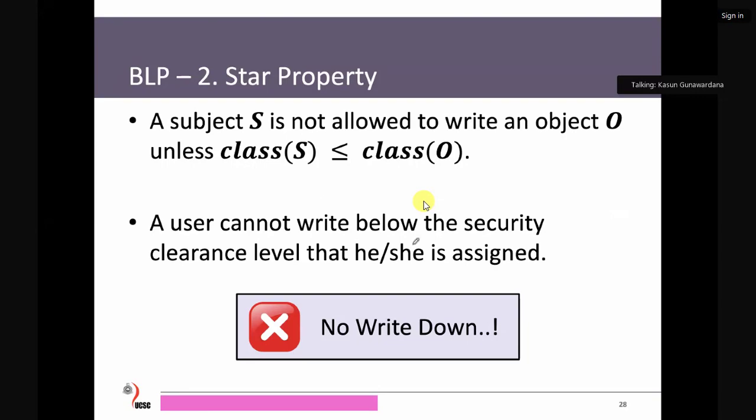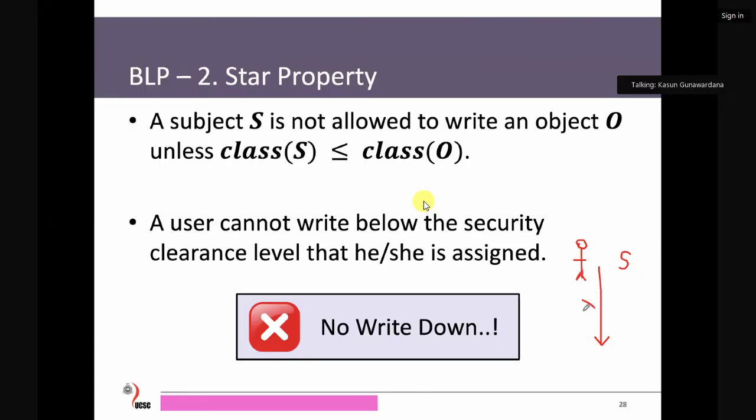So what does it mean? A user cannot write below the security clearance level that she is assigned. So users will not be allowed to write data or create resources in a lower level, right? So in the hierarchy, let's say this user is in S. So this user cannot write data to the lower levels.